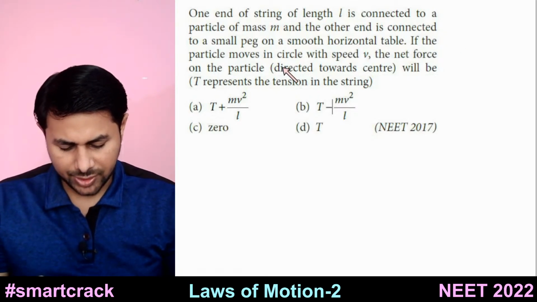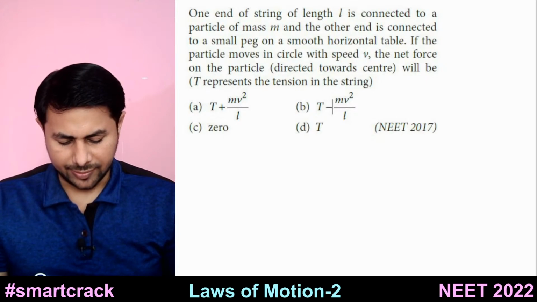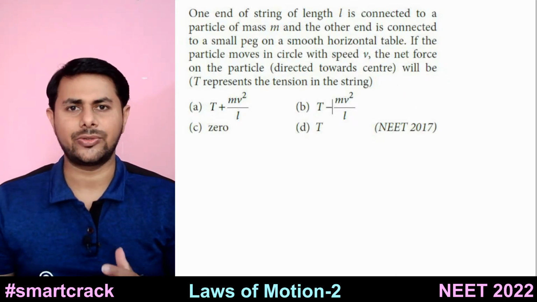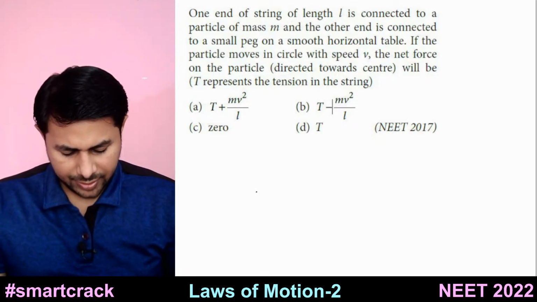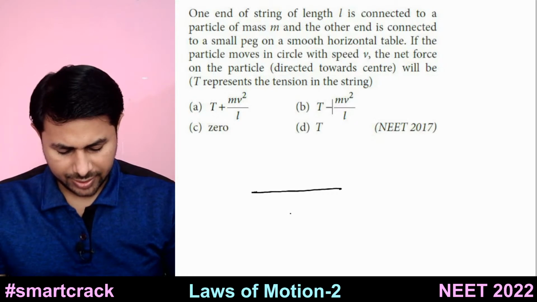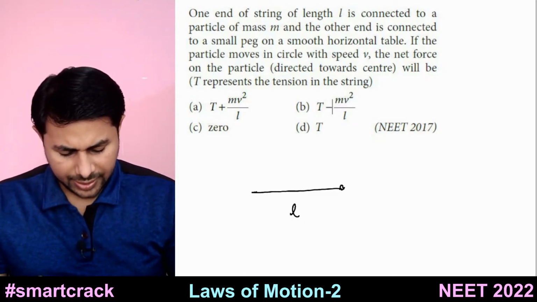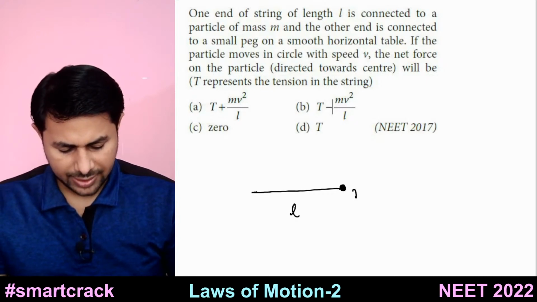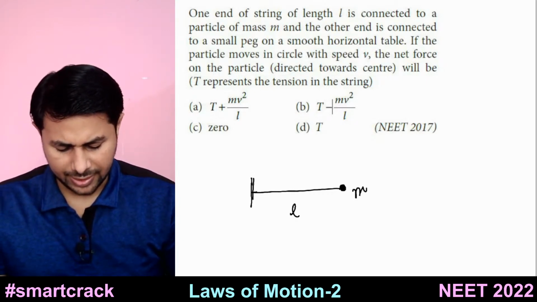If the particle moves in a circle with speed v, the net force on the particle directed towards the center will be what? So we have a string of length L, one end connected to a particle of mass m and the other end connected to a peg like this.